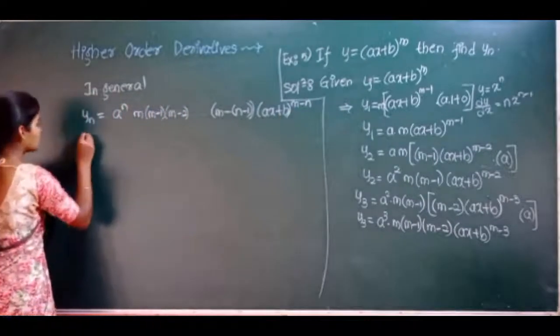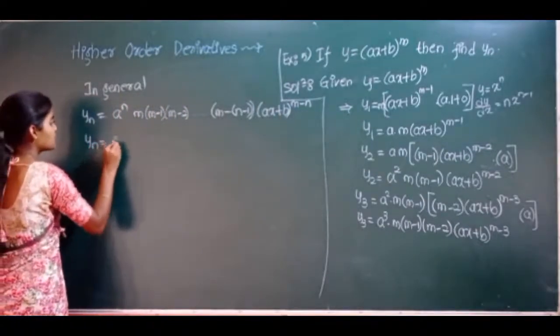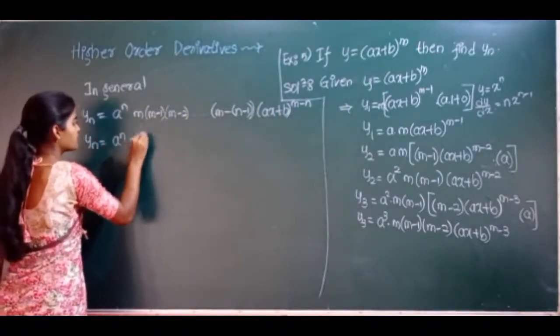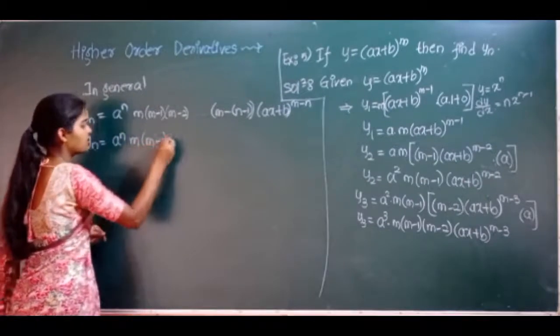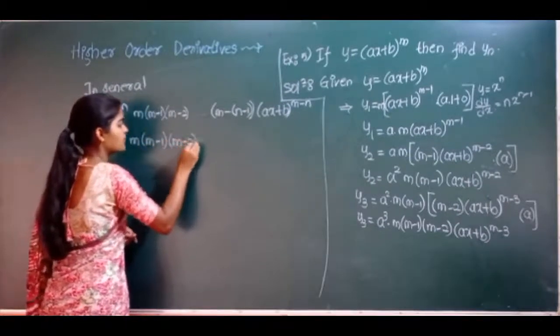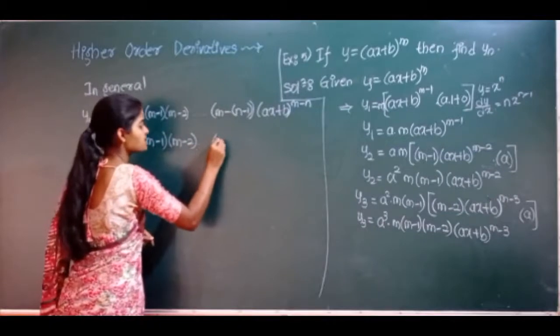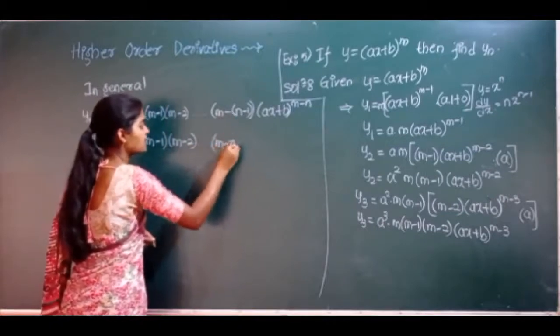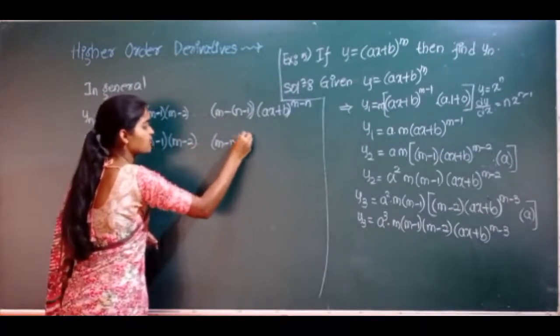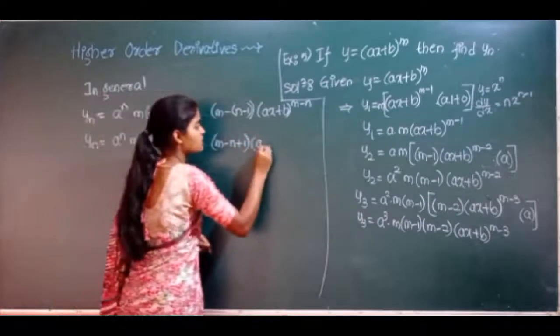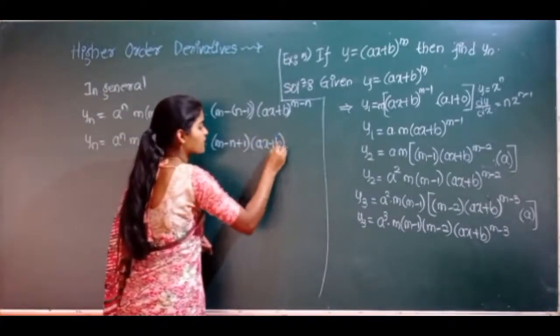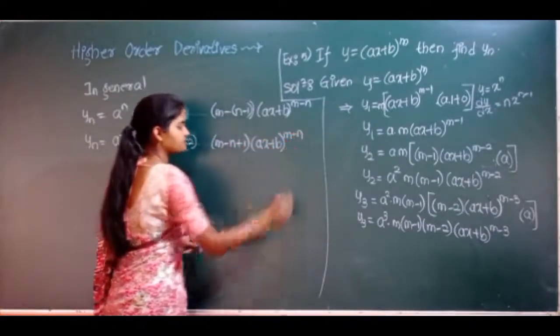I will take one more step here, that is yn is equal to a raised to n into m into m minus 1, m minus 2, and so on up to m minus n, minus into minus is plus 1, ax plus b raised to m minus n.